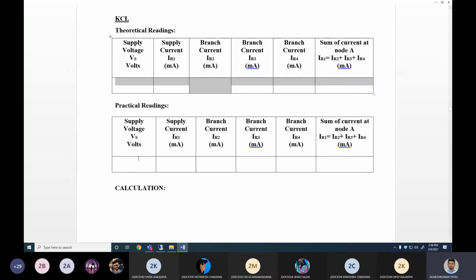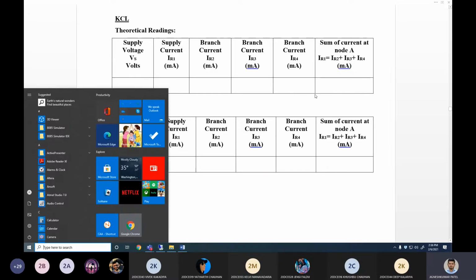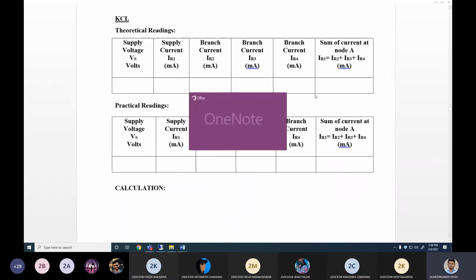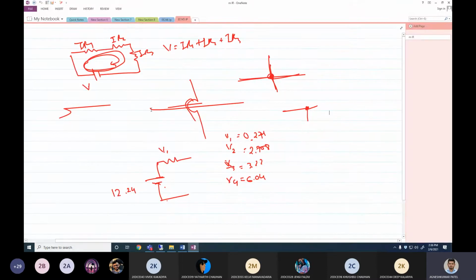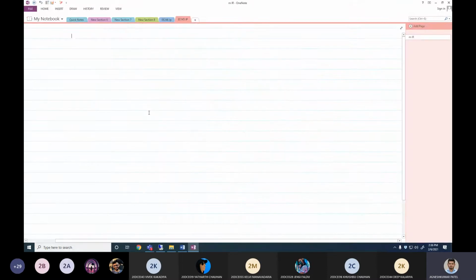Rather than seeing how to calculate the theory, let's keep that part. I can count on you to do the theoretical work, and we can directly focus on the practical. Let me give you the circuit first, so you can calculate the theoretical currents.